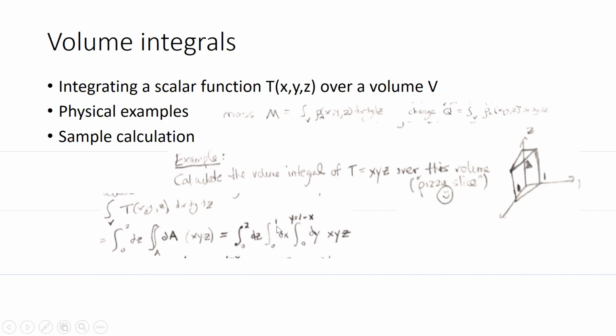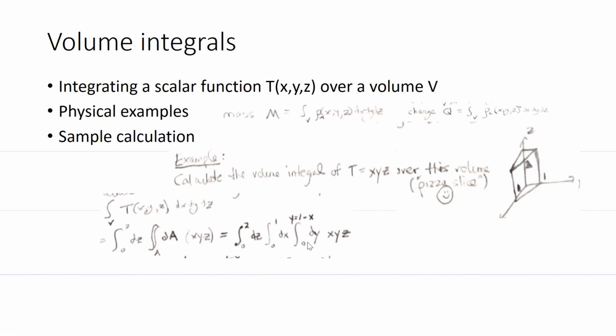So we want to integrate from 0 to 1 dx, but at each value of x, we want to integrate y from 0 to 1 minus x, because the limit of integration of y changes as x changes.